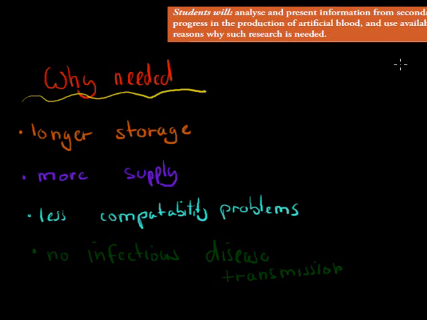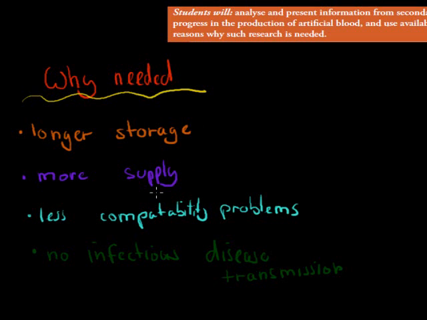The next one was use available evidence to propose reasons why artificial blood is needed, and how far we are with making artificial blood. I'll start with why it's needed. Longer storage, so it lasts for more than a year, compared to 1 month or so for normal blood. We can make more of it, so at the moment we have a huge shortage of blood.